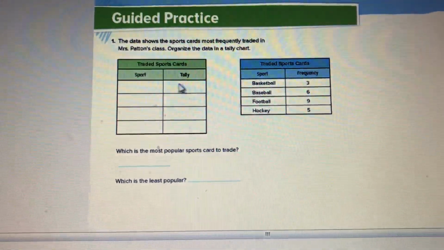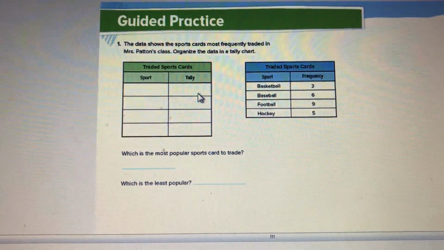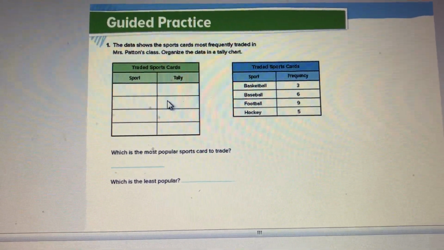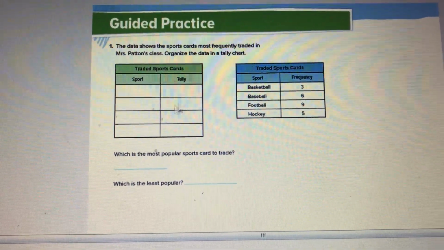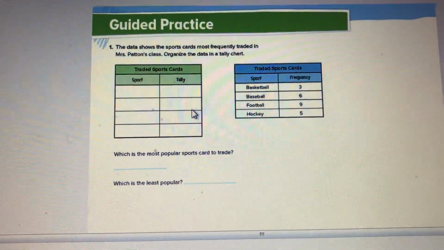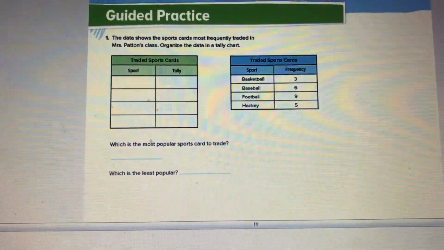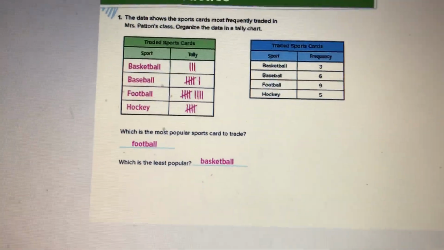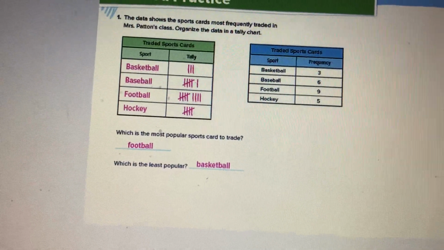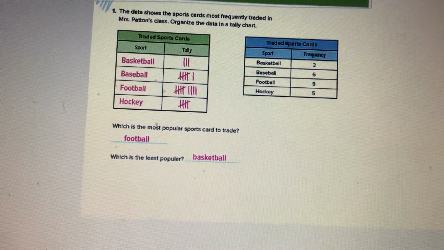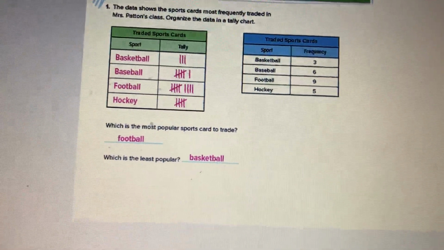Now, we'd write in for basketball 1, 2, 3. But I just want to remind you to write in for baseball 1, 2, 3, 4, and then put a line through the 5, and then go on. Okay, so what's the most popular traded and what's the least popular? See if you can get this. Take a minute, pause it if you need to, and just make sure instead of a 5th tally mark that you're doing that diagonal line through. Okay.